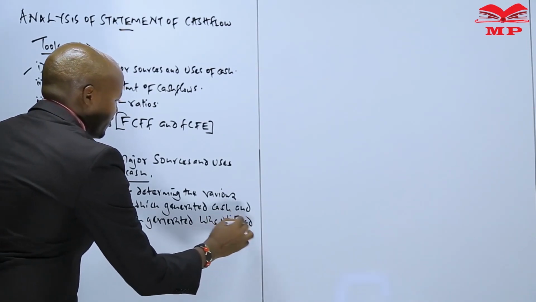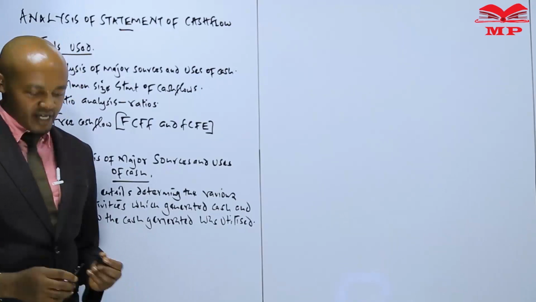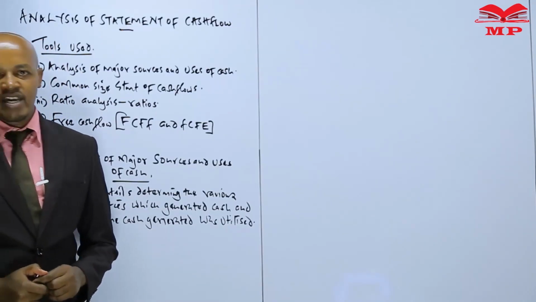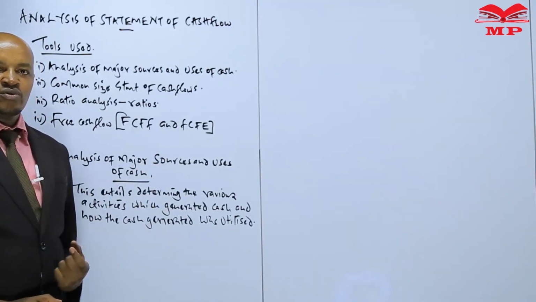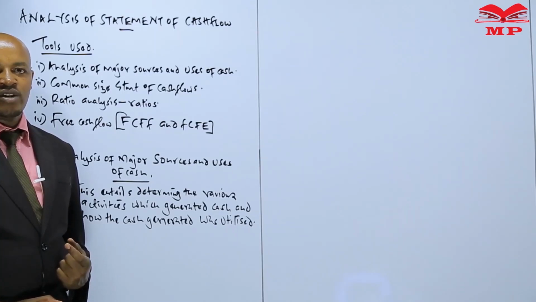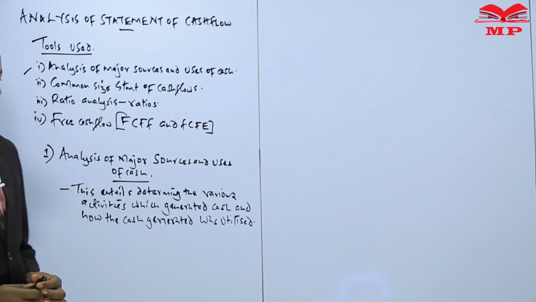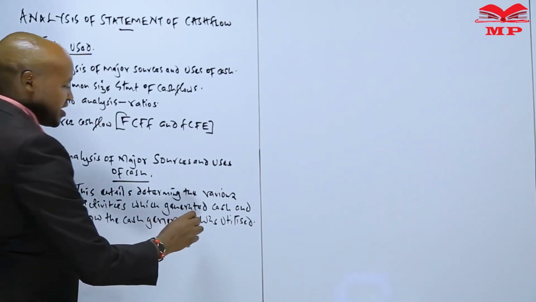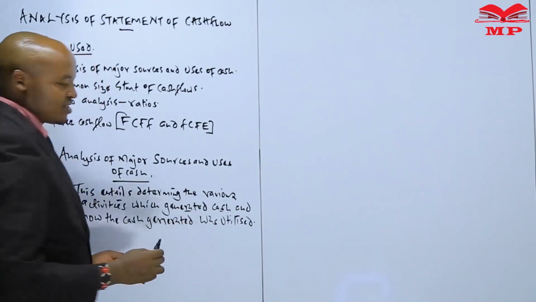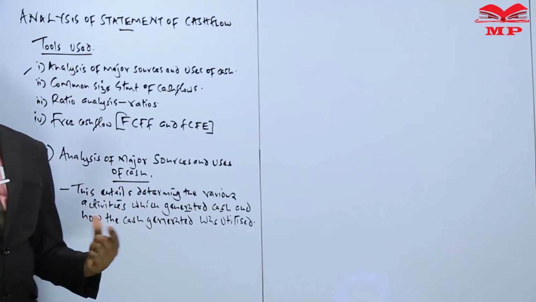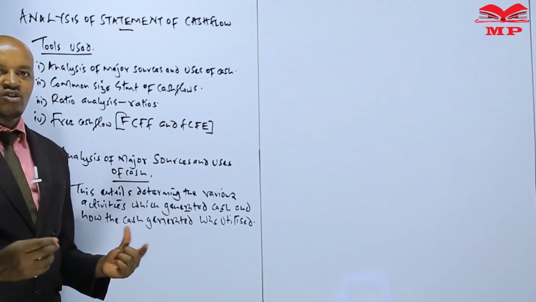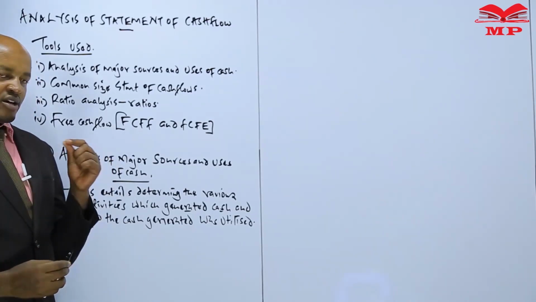Meaning that whenever the financial statement analyst is to use this particular tool, he will be going through the statement of cash flow, and basically he determines the various activities which generated cash, of which those activities can either be operating, investing, or financing.